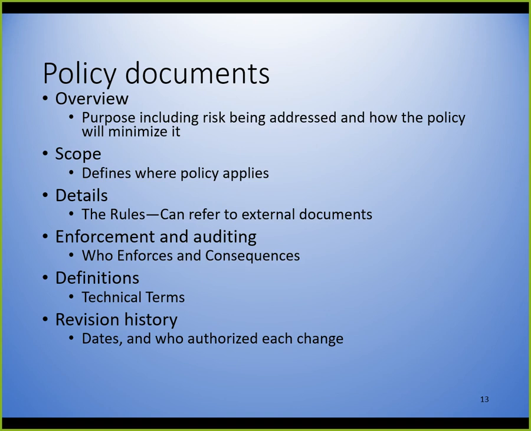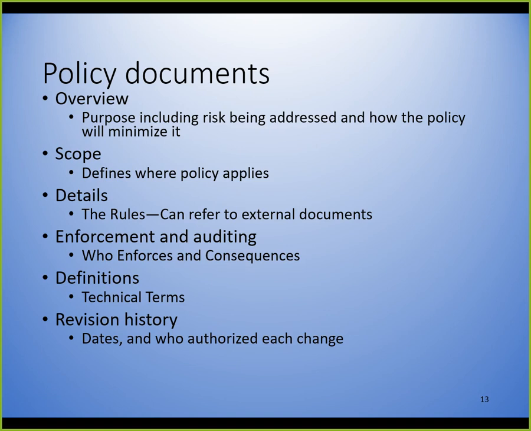Documents, the overview, the documents themselves, the sections is what we're talking about here. The purpose, including the risk being addressed and how the policy will minimize it. The overview, basically the summary of what this policy is all about. The scope, where the policy applies. The details, the rules.